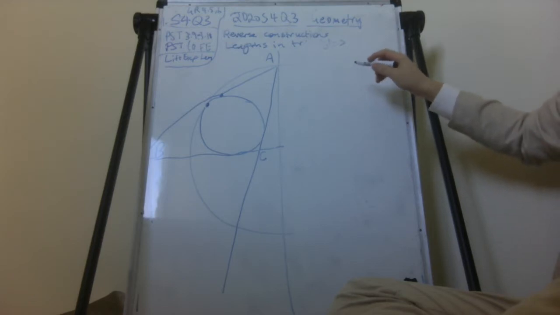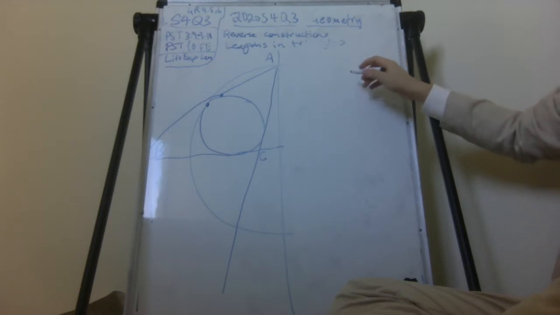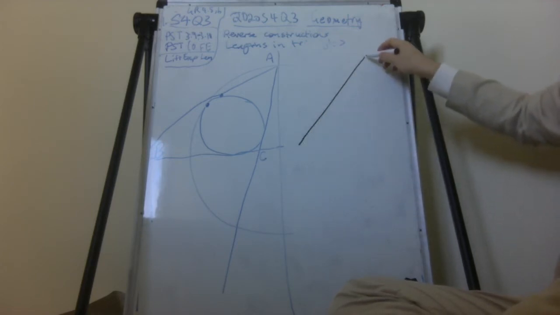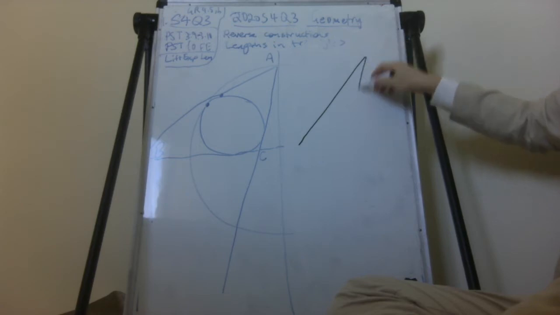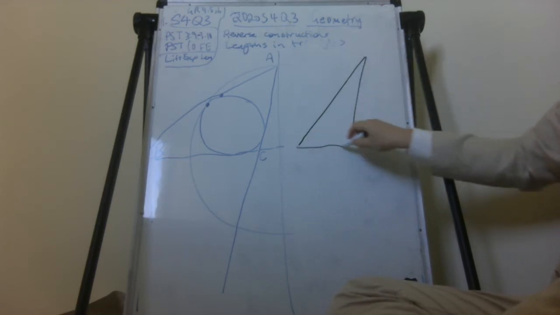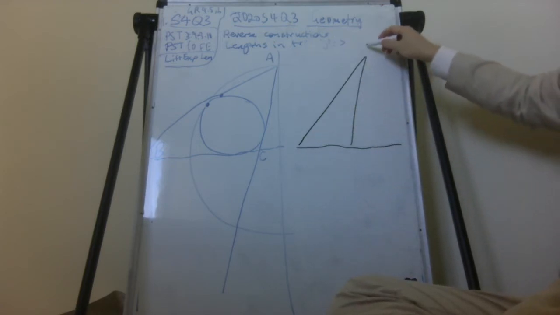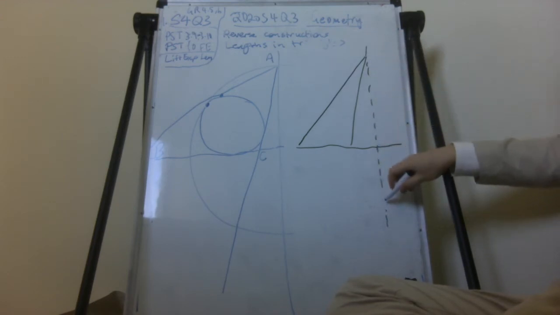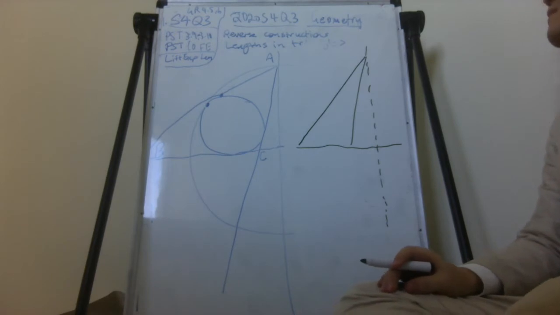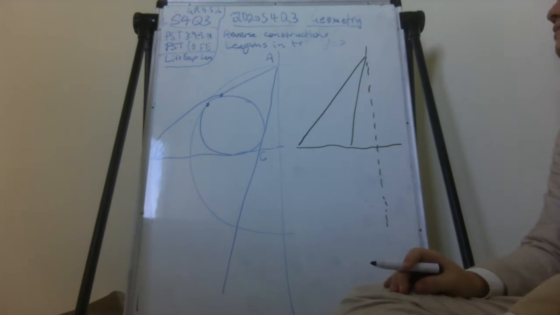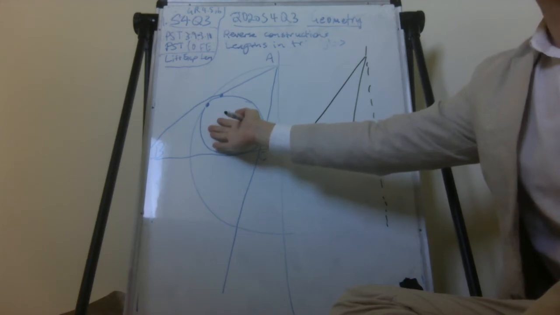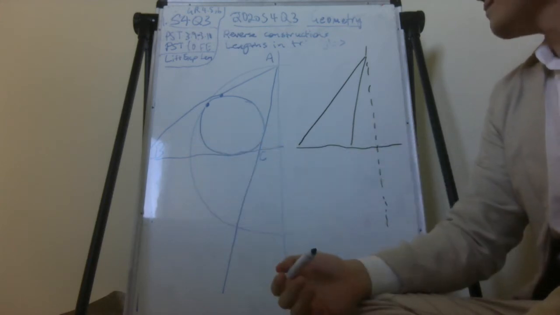So you could also draw the triangle first, and then this is the altitude. So this is like a reverse reconstruction. You're drawing the conclusion.